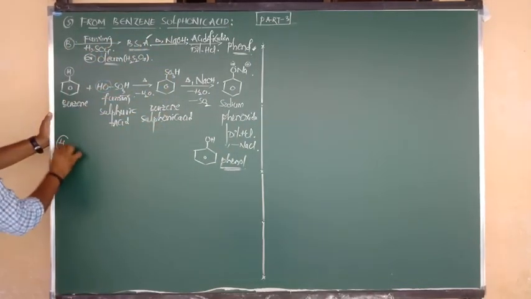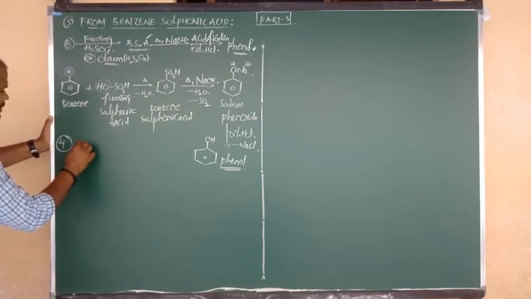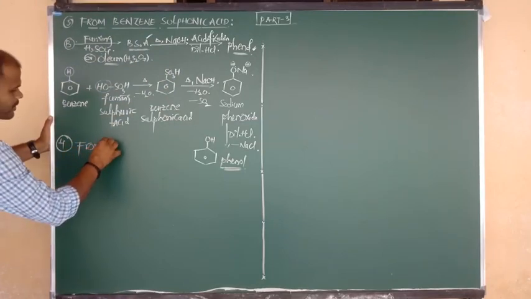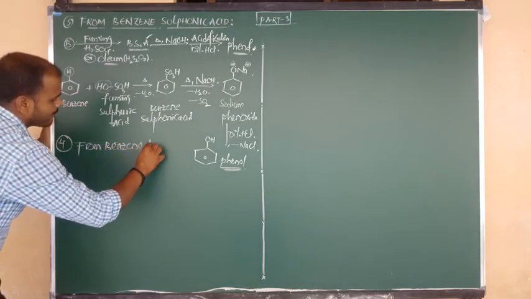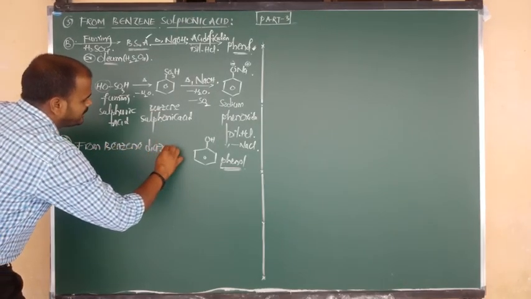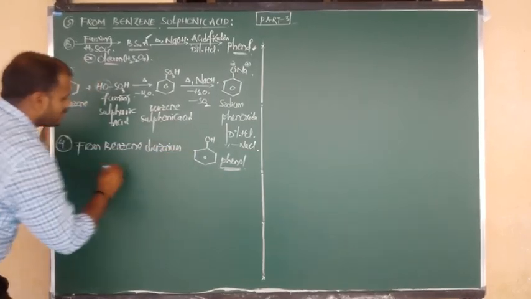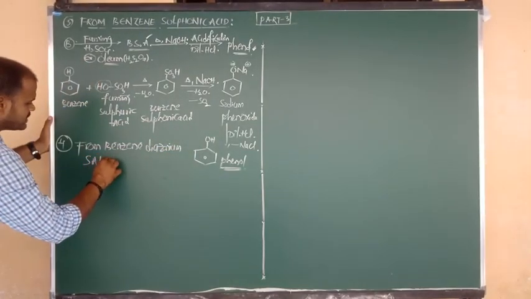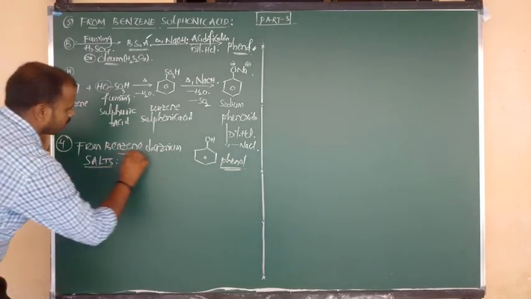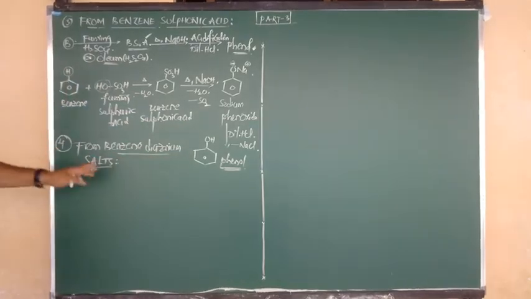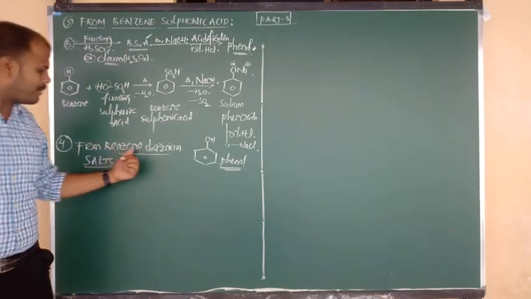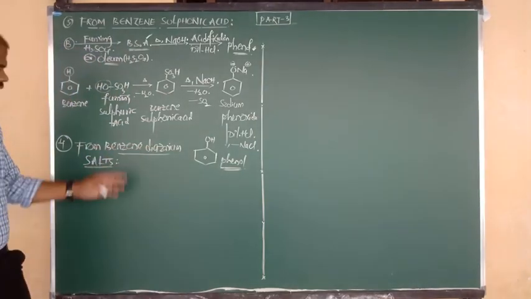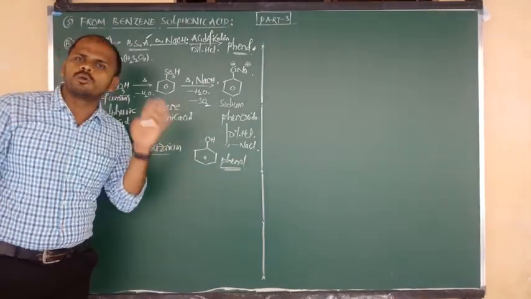Let us go for the fourth method of preparation: preparation of phenol from benzene diazonium salts. From benzene diazonium salts, how to prepare the phenol?